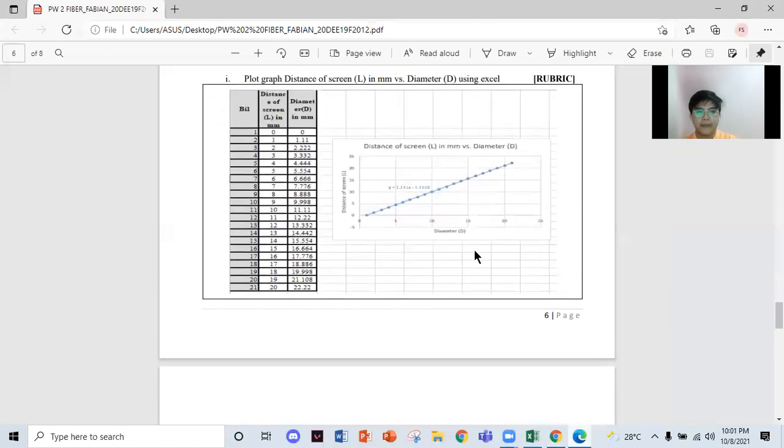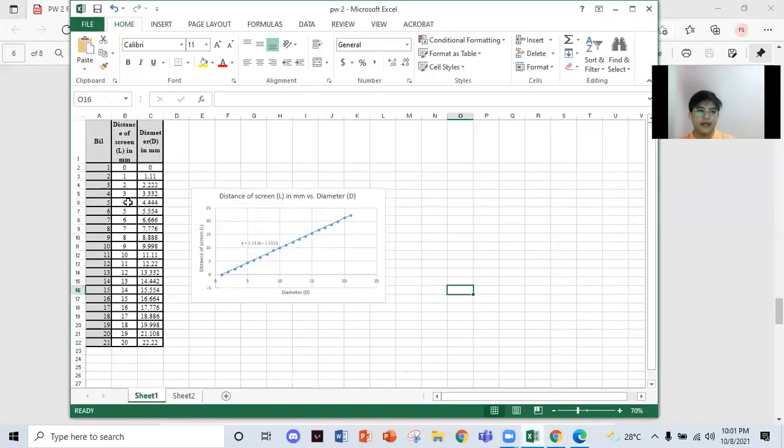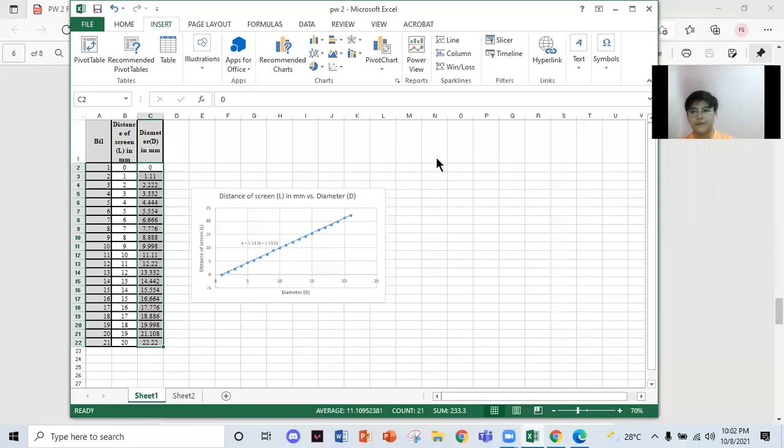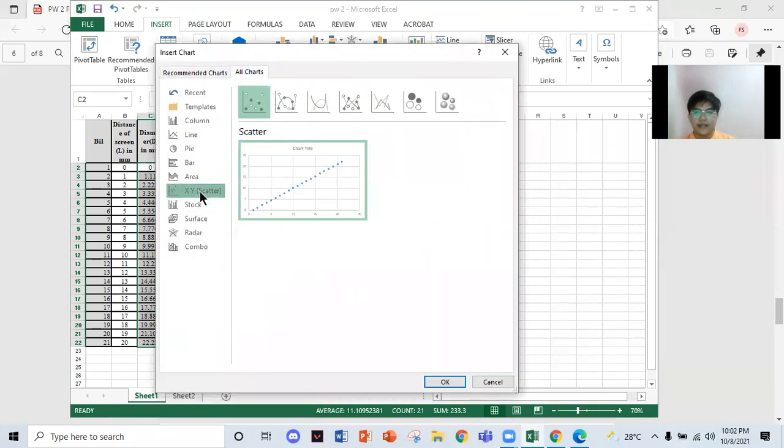Okay, to produce this graph, as you already know, we highlight whichever numbers we want to include. So we will insert these values. We go to insert, click this arrow, then all charts, and pick XY scatter.